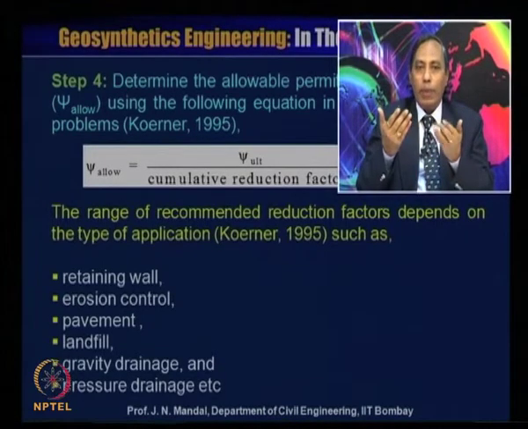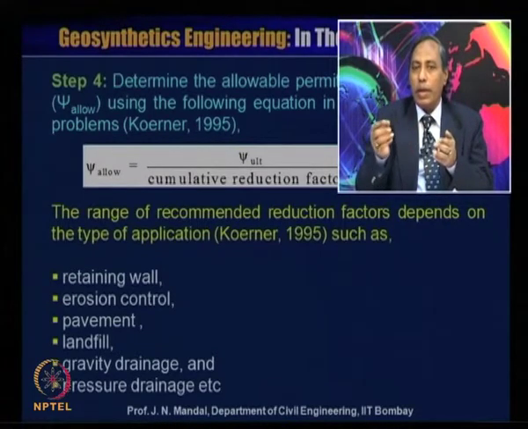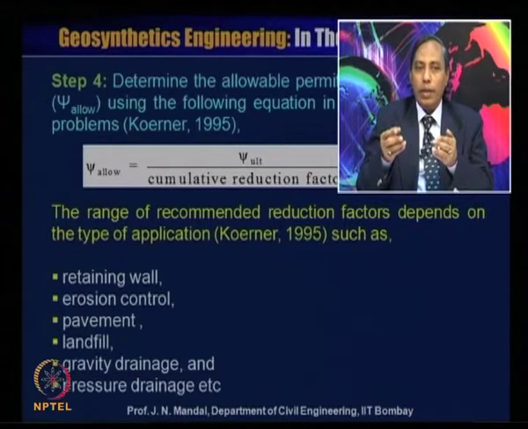If it is for a retaining wall, the cumulative reduction factor includes the reduction factor for creep, for installation damage, for biological degradation, for clogging, and for blinding. All these factors have to be taken into consideration for the design.